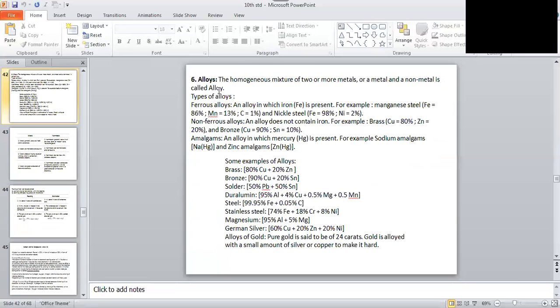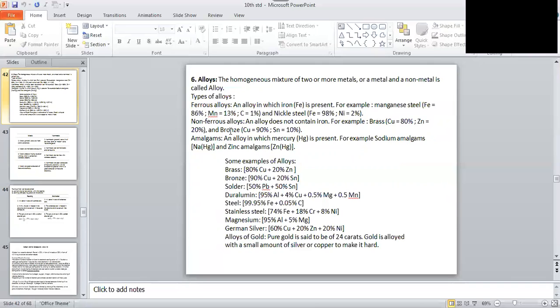Different types of alloys are: ferrous alloys containing iron and different other metals. Here the composition is given. Then non-ferrous alloys, they do not contain iron. For example, brass. It contains 80% copper and 20% zinc.